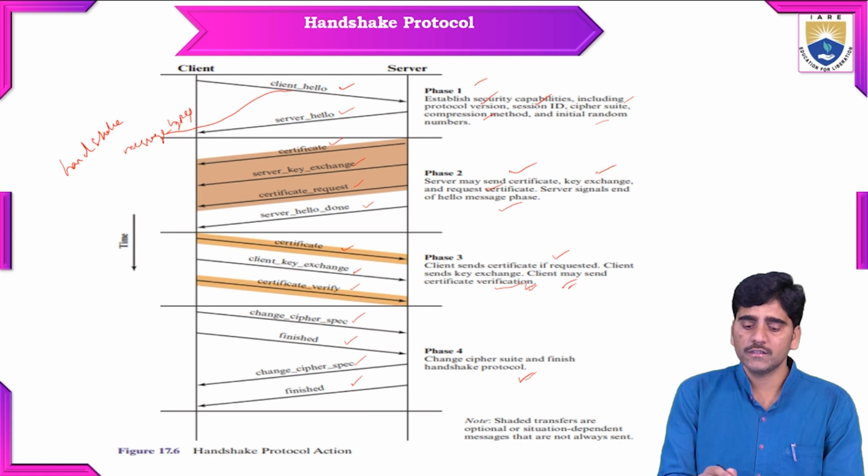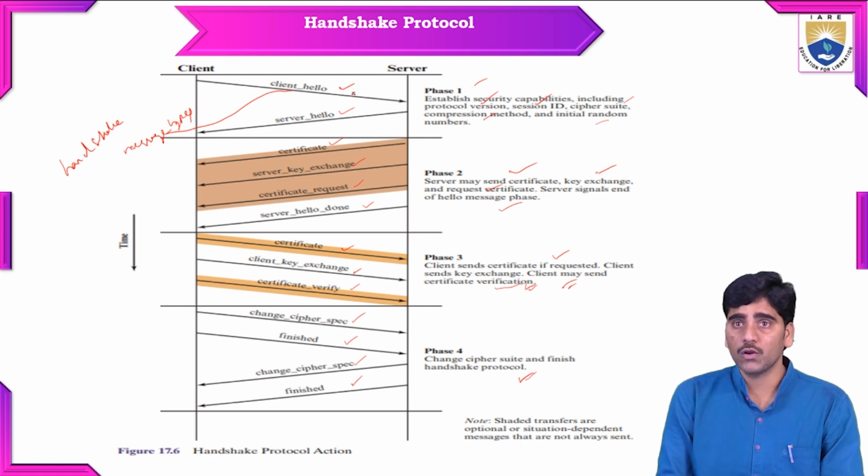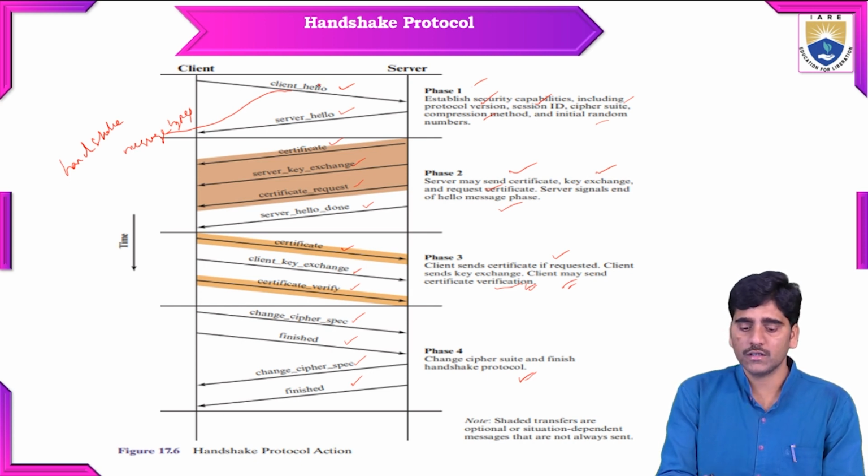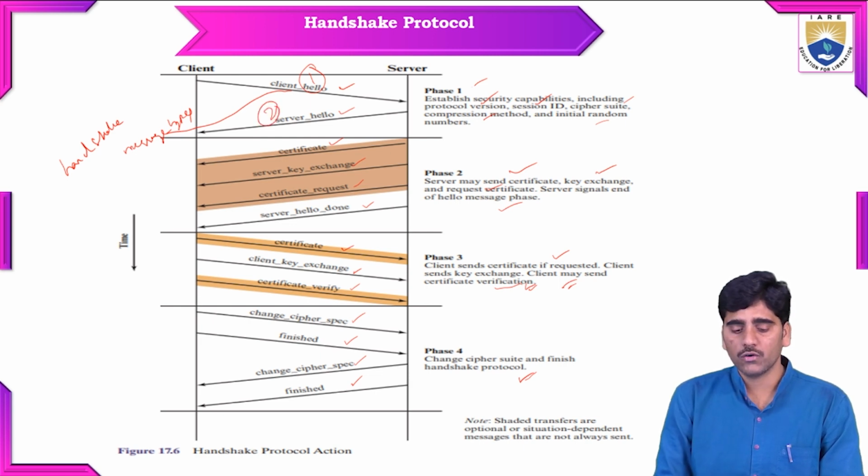Initially, the client sends a hello message to the server. And second, the server sends a hello message to the client. That means the request generated by the client is followed by the server response.